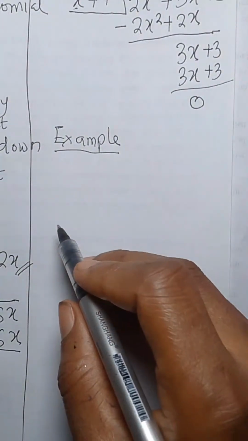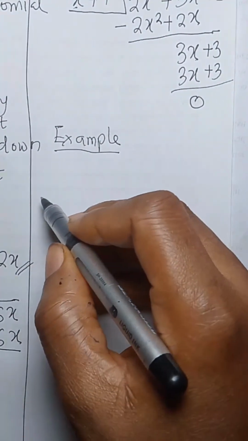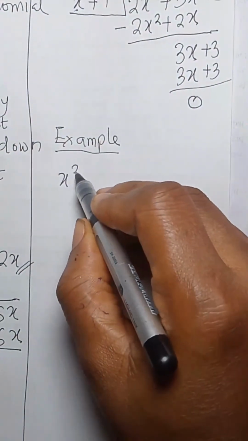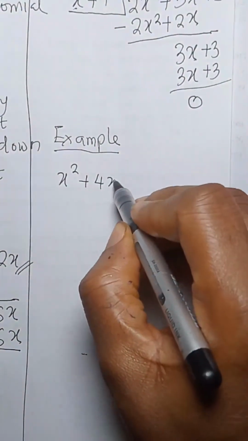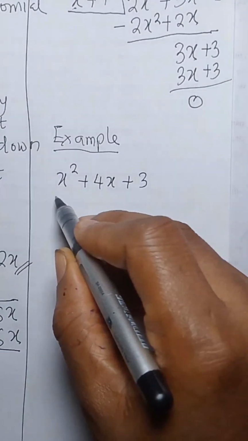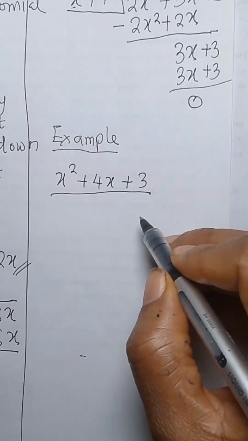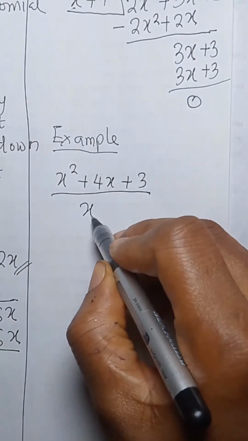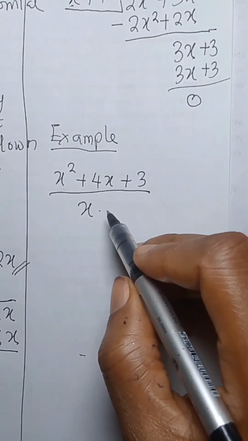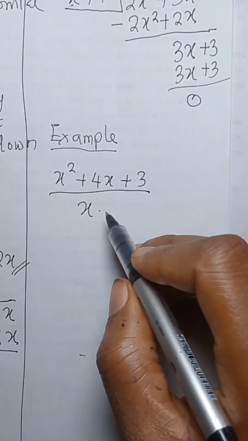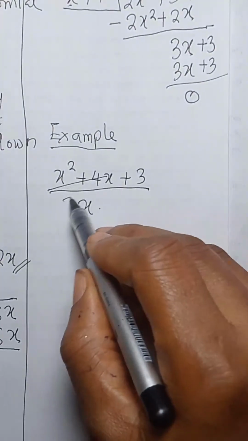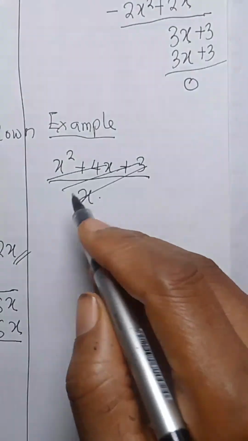So the next thing we are dividing is, we are going to divide 3 terms. 3 terms is just x squared plus 4x plus 3. So this is 1, 2, 3. 3 terms divided by 2 terms. Sorry, this is not the question.